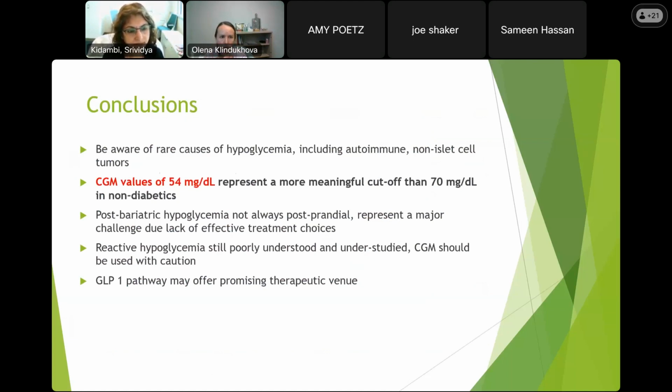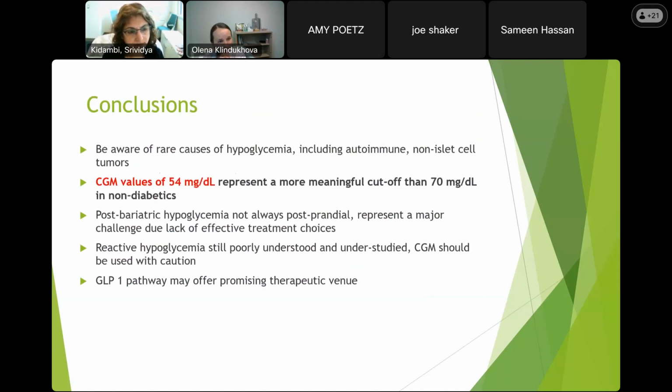Post-bariatric hypoglycemia is not always postprandial. As several studies demonstrated, a lot of the time it can be nocturnal, and it still remains a major diagnostic and clinical challenge.